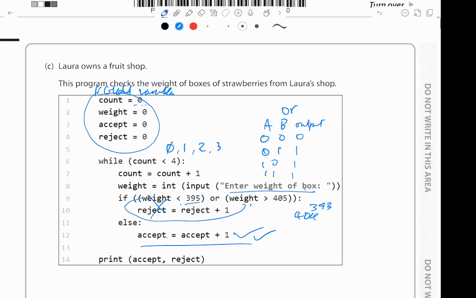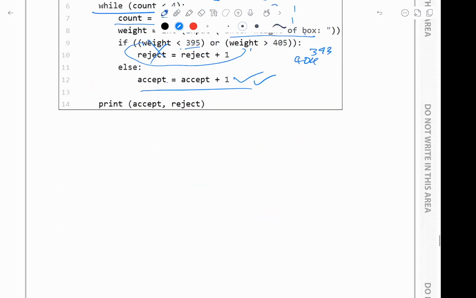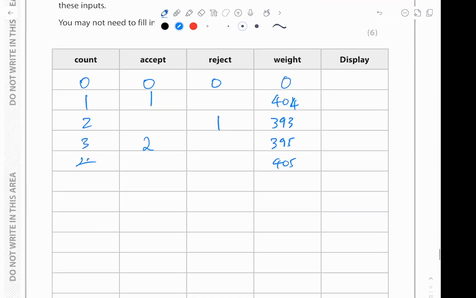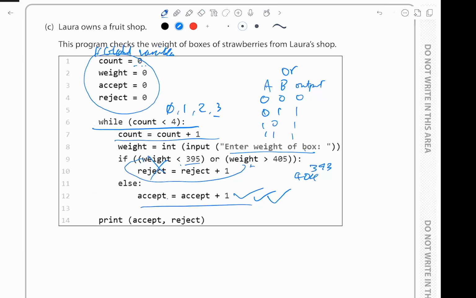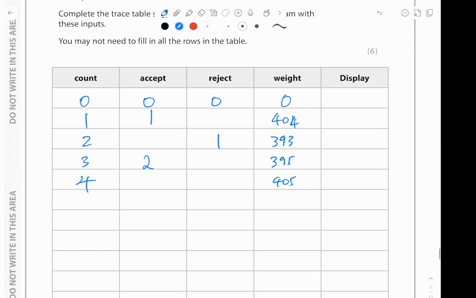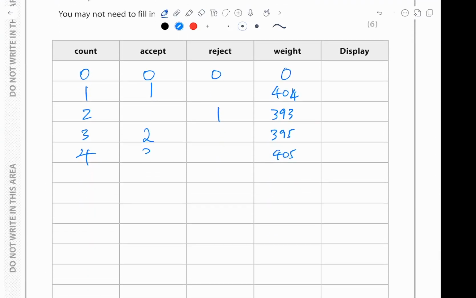This will run one more time because count at the moment is 3. When we run it the last time, the count is going to increment to 4. That means we're not going to run it again. Count goes to 4, and we've got 405, which will be an accept again because it's not greater than 405. So we've got a 3 for accept.